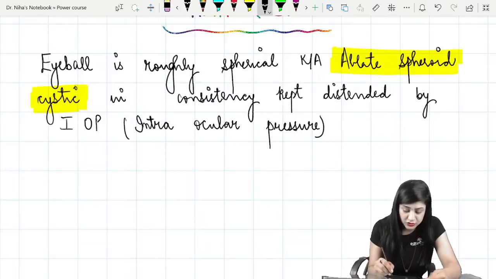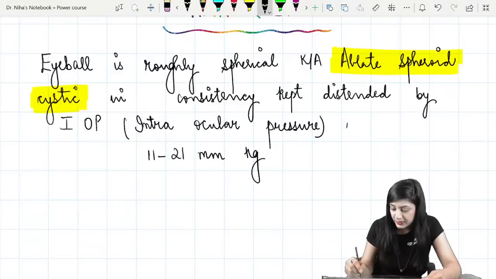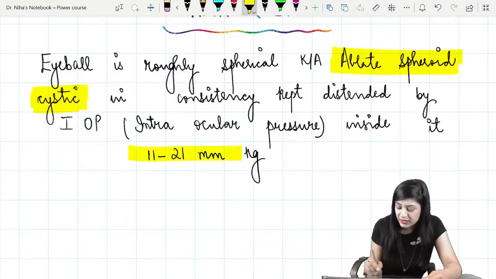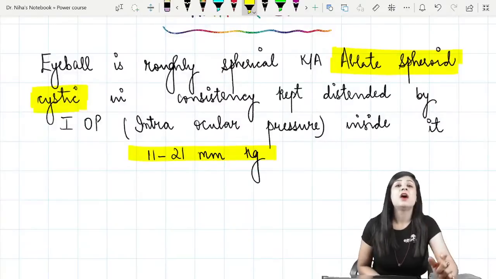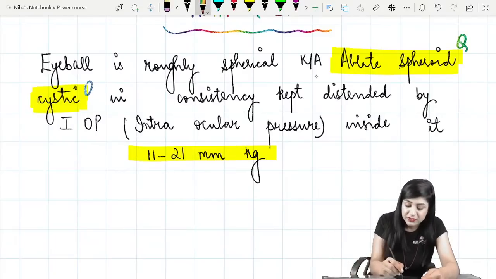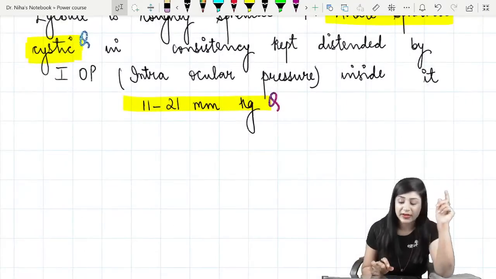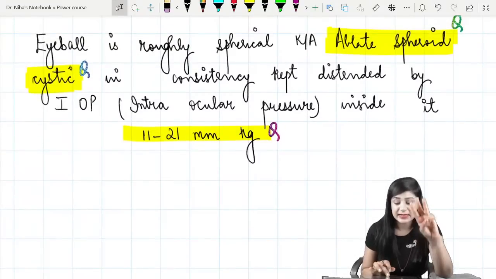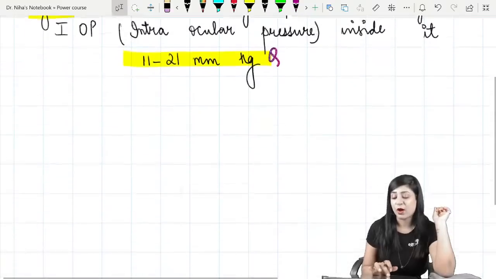The normal range is 11 to 21 mm of mercury. So, three important things here: oblate spheroid shape, cystic consistency, and the intraocular pressure is 11 to 21 mm of mercury.